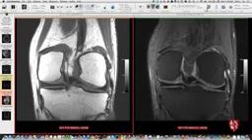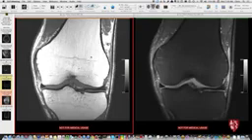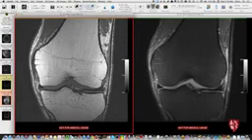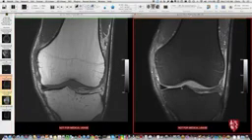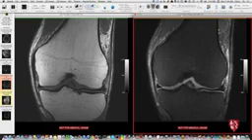Okay. So, going through the coronal, we went through ligaments, went through menisci and fluid, and next thing I tend to go through in concert with the menisci is the tibiofemoral cartilage surfaces, right along them.